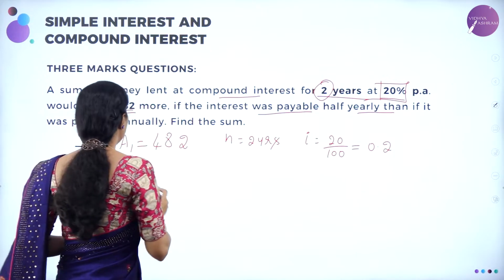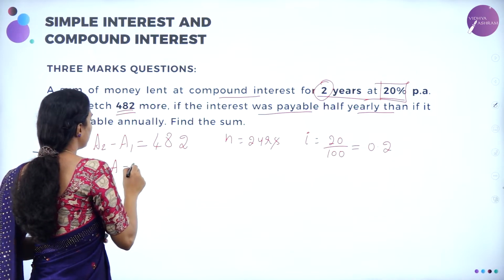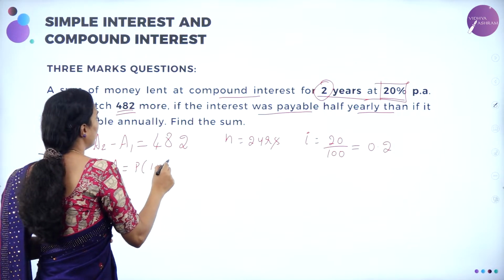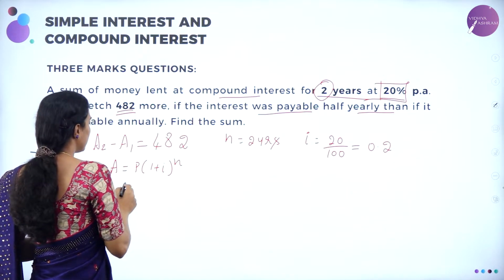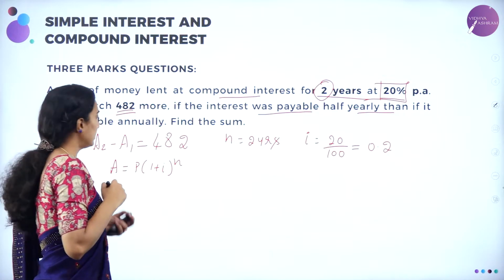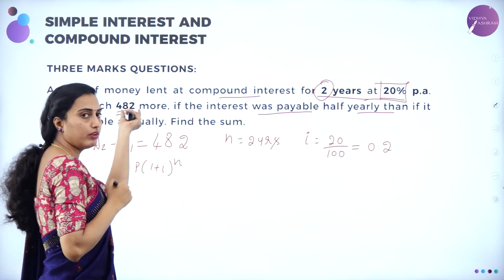Now you are going to have the formula A is equal to P into (1 plus I) whole to the power of N. Since they have given some more, it will be the difference.